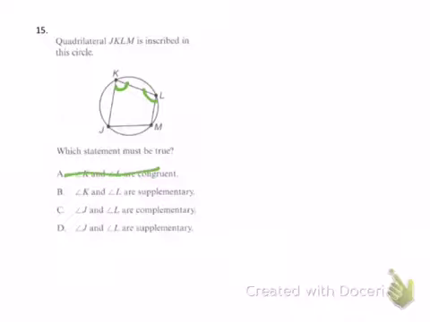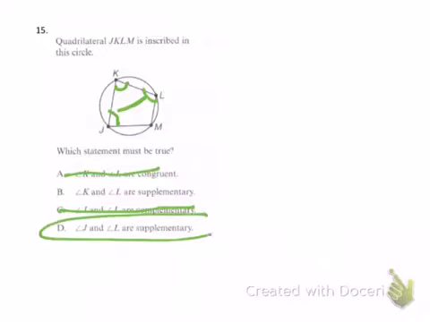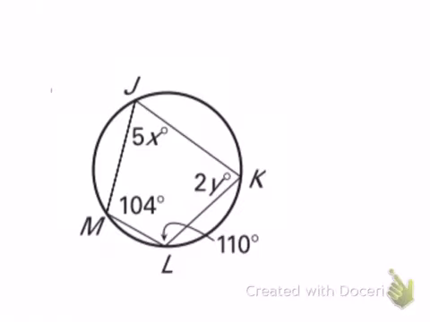That one could be correct. Alright, so those could be it. Angles J and L are complementary. If I look at angle J and angle L, I know they don't add to give me 90. Angles J and L are supplementary. Remember, that means they add to give you 180. And that's the rule. Opposite angles are always supplementary. Use that rule to find x.